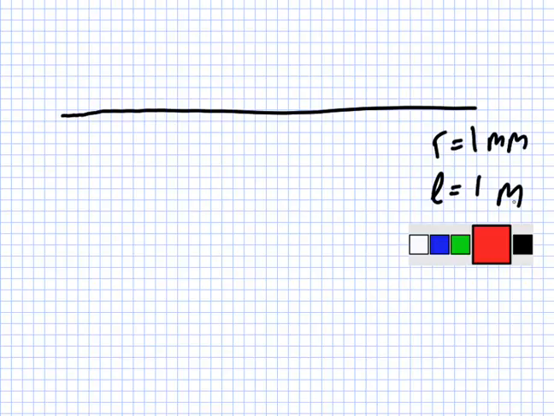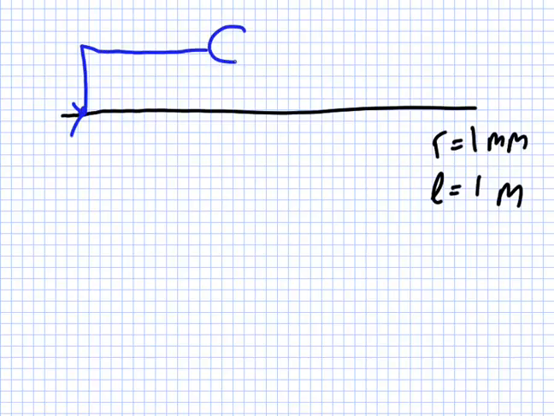So what we'll do is we'll say there is a voltmeter connected up here across the wire. Let's say the voltmeter reads a very small drop in voltage. Well, let's not make it too small.